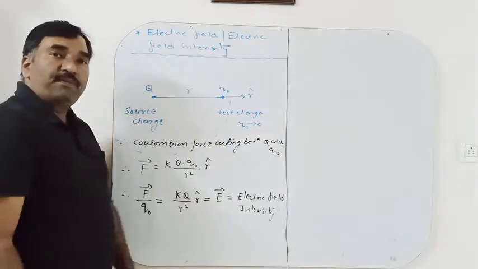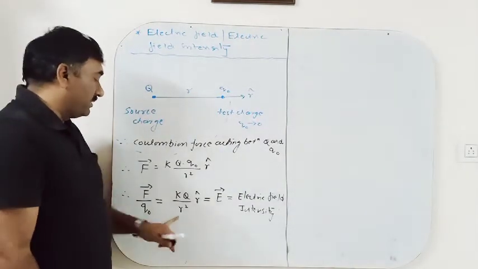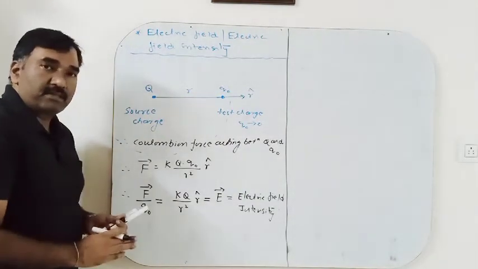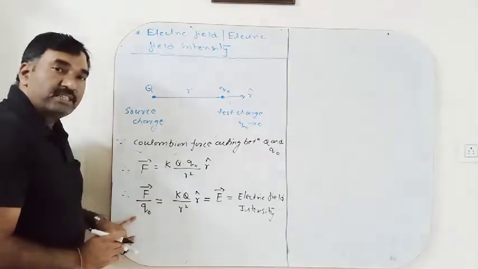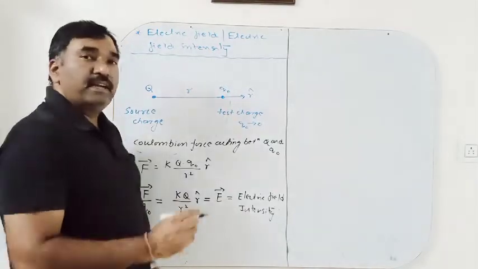Same as gravitational field intensity, which you studied in the chapter on gravitation: gravitational force per unit mass. In the same way, Coulombian force acting per unit charge is known as electric field intensity.